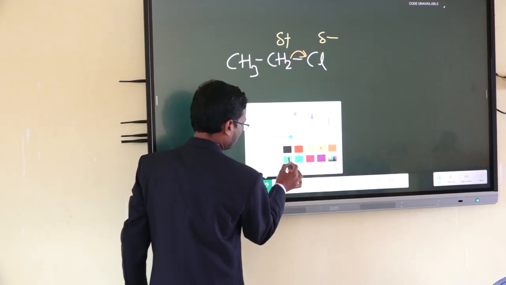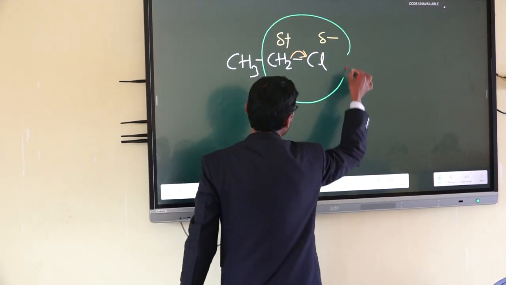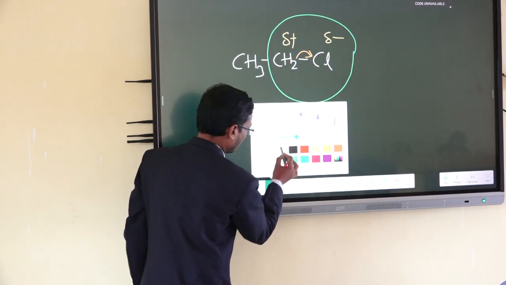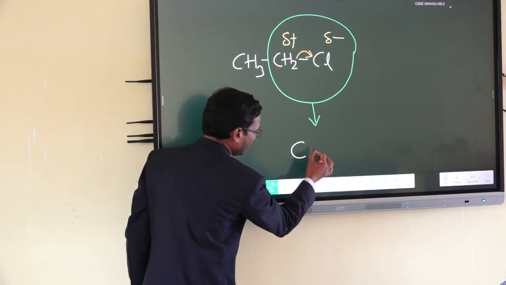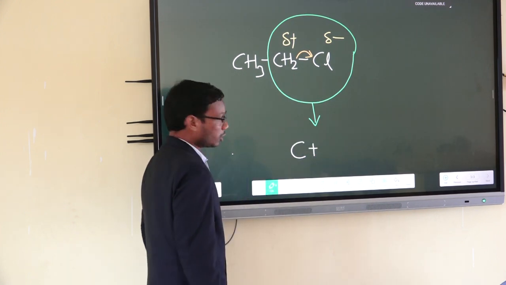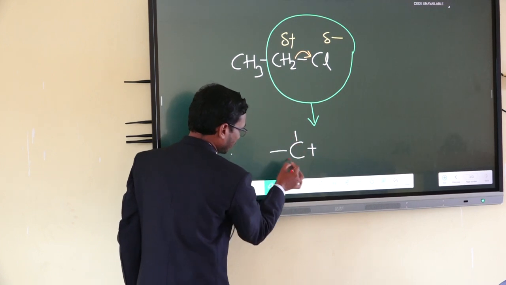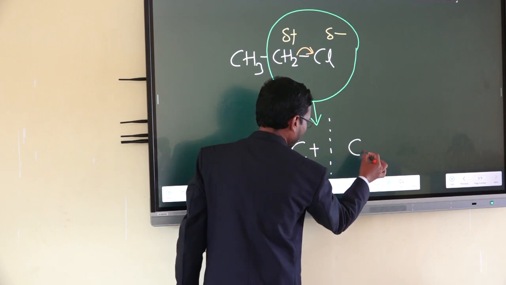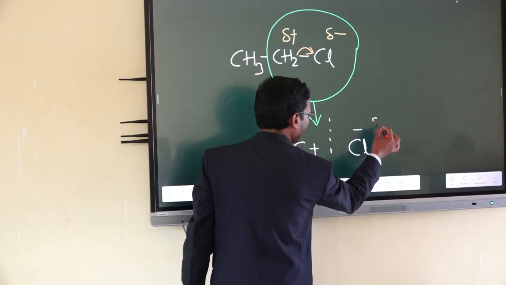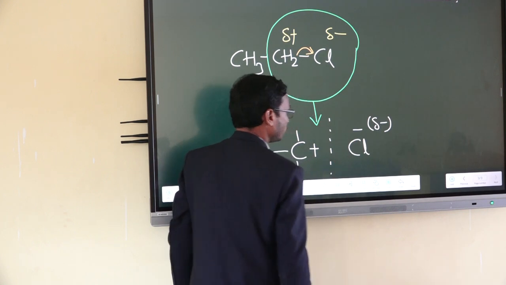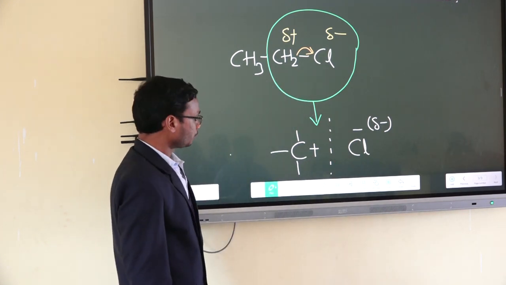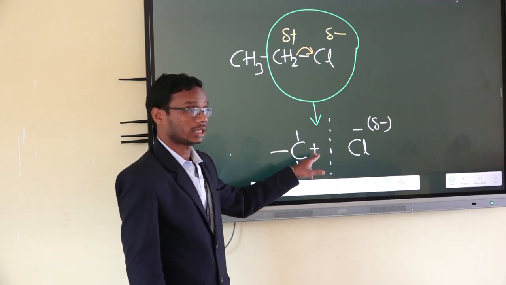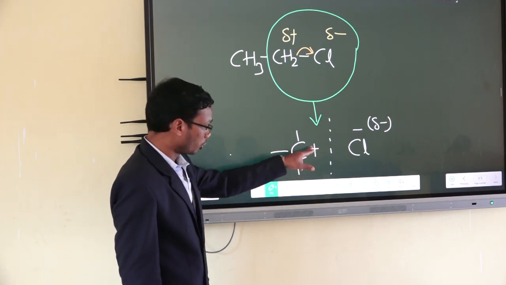Now separate this one and write here: C positive, and Cl negative. Does this carbon atom now have a positive charge? Yes or no?